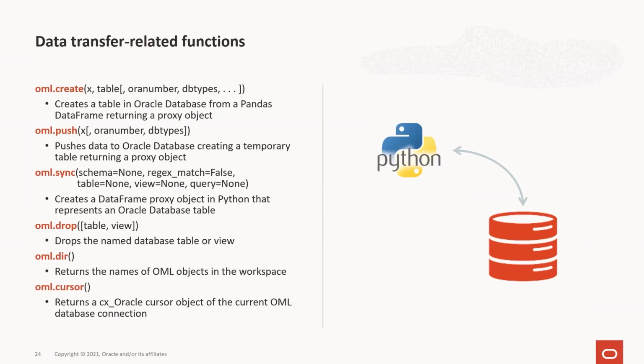The transparency layer supports a range of functionality. These functions support data transfer and proxy object-related behavior. They include functions for creating persistent and temporary tables, getting proxy objects, dropping tables, listing the names of proxy objects available in the workspace, and getting a cursor object that can be used with the Oracle Database connectivity package, cx_Oracle.